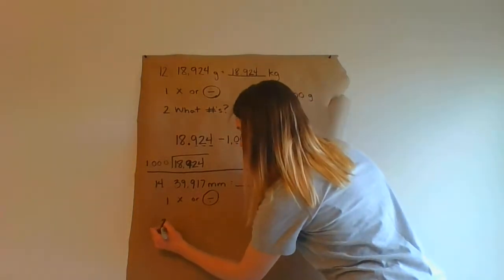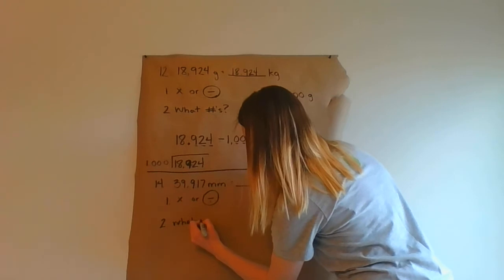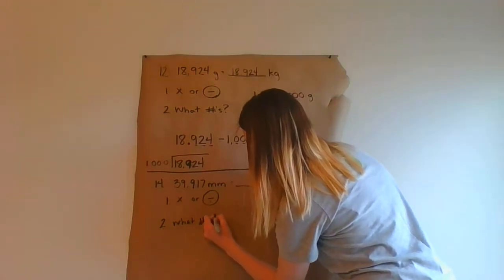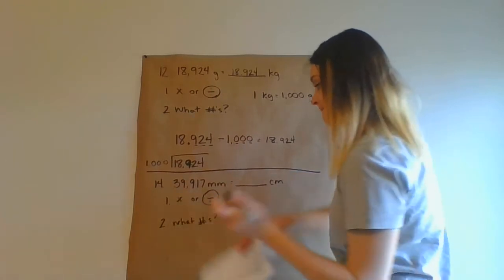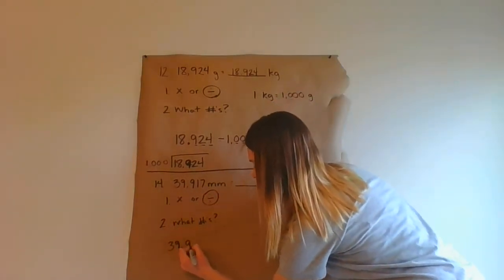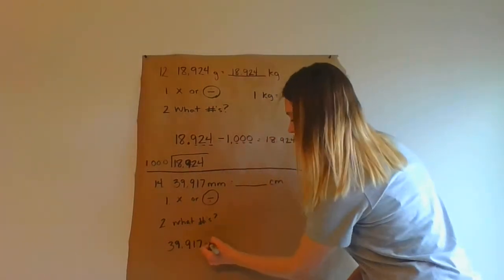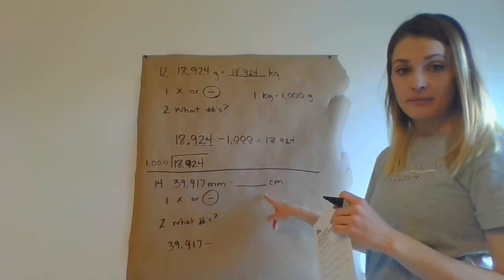Step two, what numbers? What numbers am I dividing? Well, I know one of my numbers is right here. 39,917 divided by how many millimeters makes a centimeter, okay?